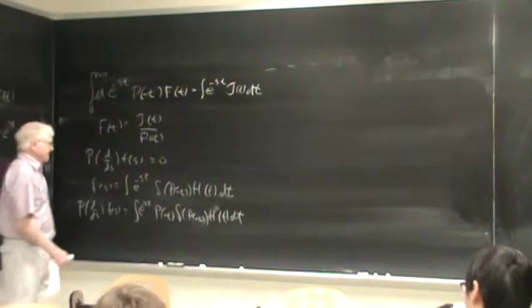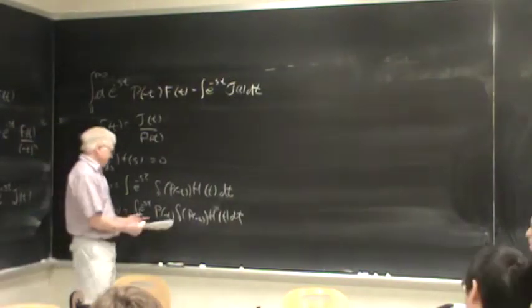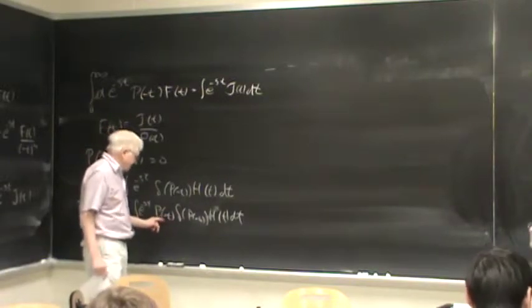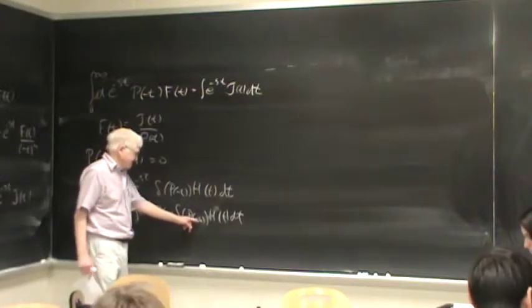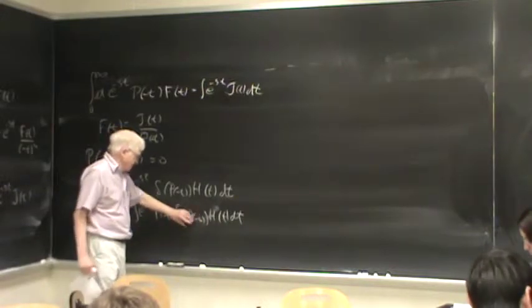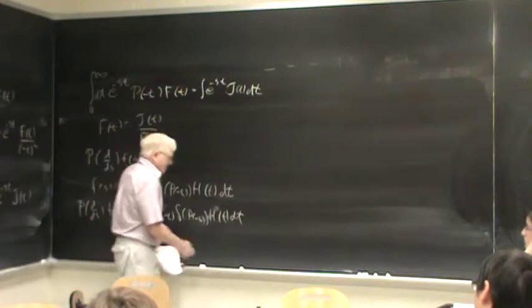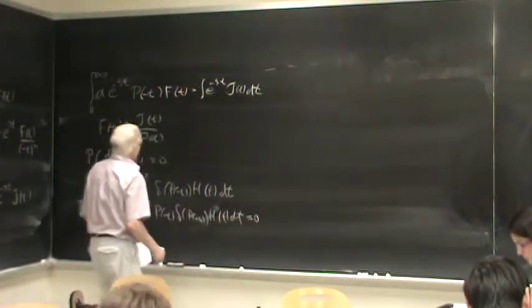But that means that the only t's that survive are the t's such that p of minus t is 0. But if p of minus t is 0, then it comes out as a factor and it's 0. And so this is 0.